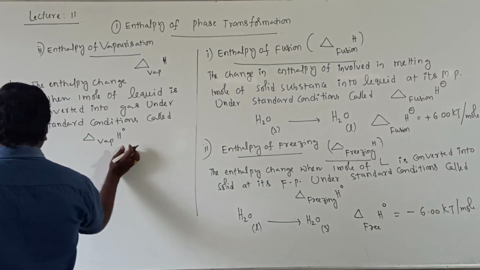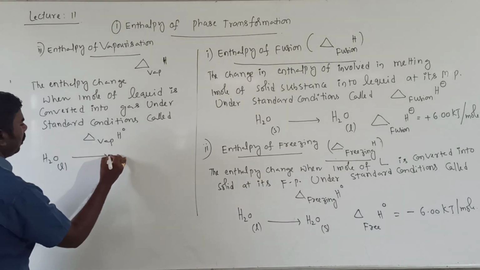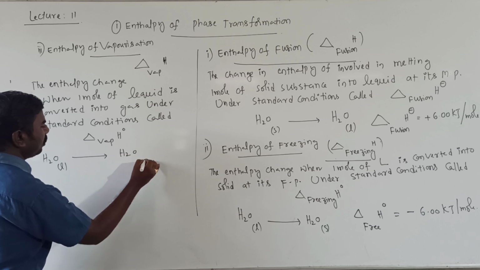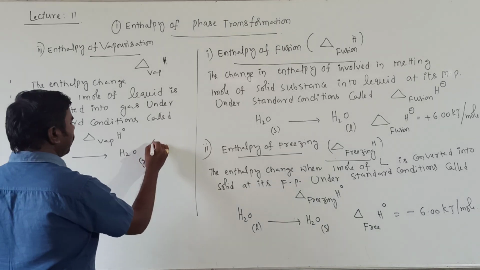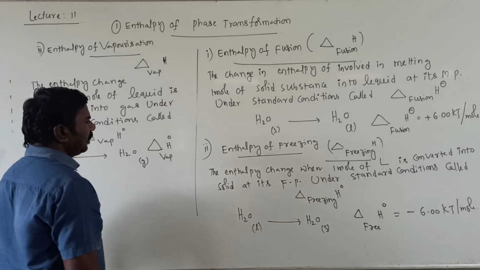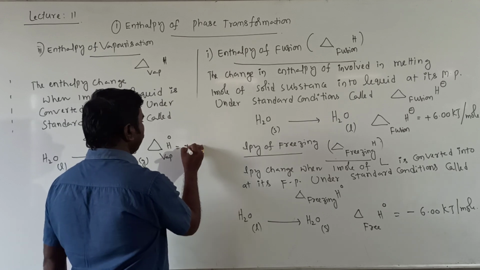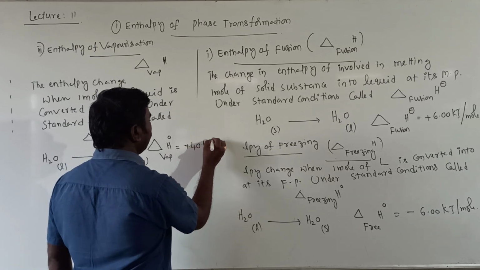Now H2O liquid is converted into H2O gas. For this reaction, the enthalpy of vaporization under standard conditions is equal to plus 40 kilojoule per mole.